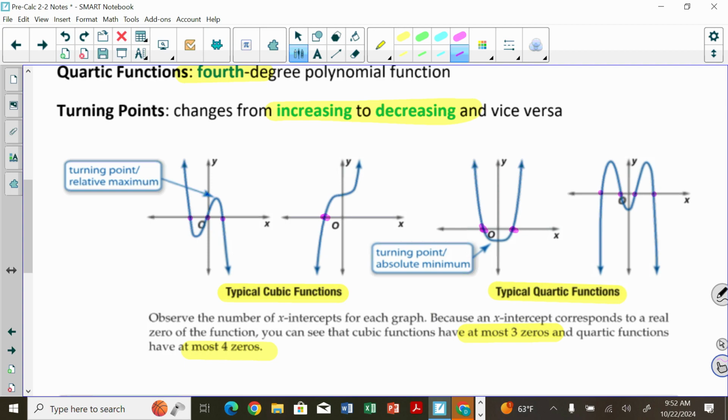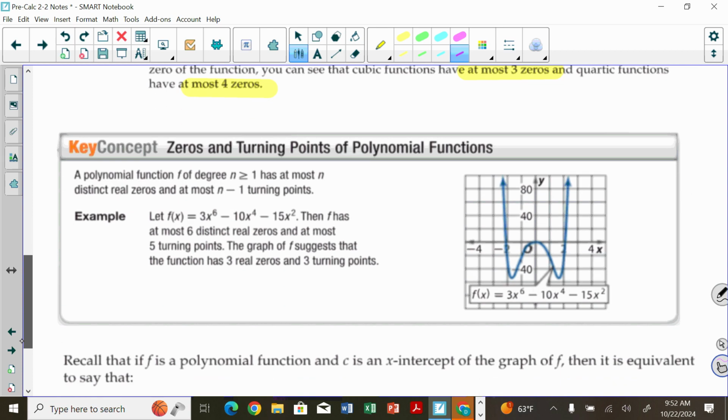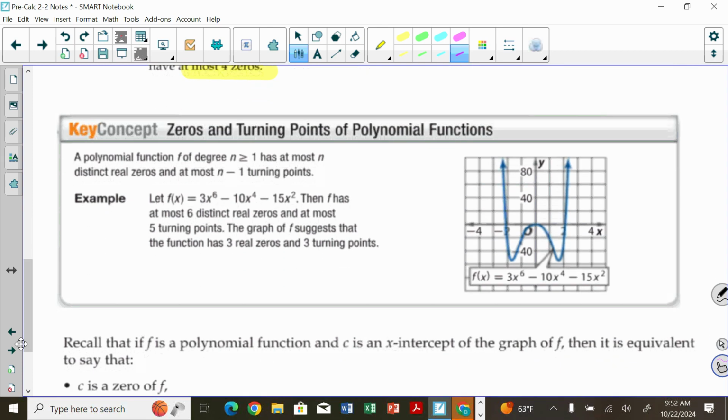All right, so continuing on to our next key concept is talking about zeros and turning points. So we know now, we can also say, because of that information, that a polynomial function of degree n, if n is greater than or equal to 1, has at most n distinct real zeros, and at most n minus 1 turning points.